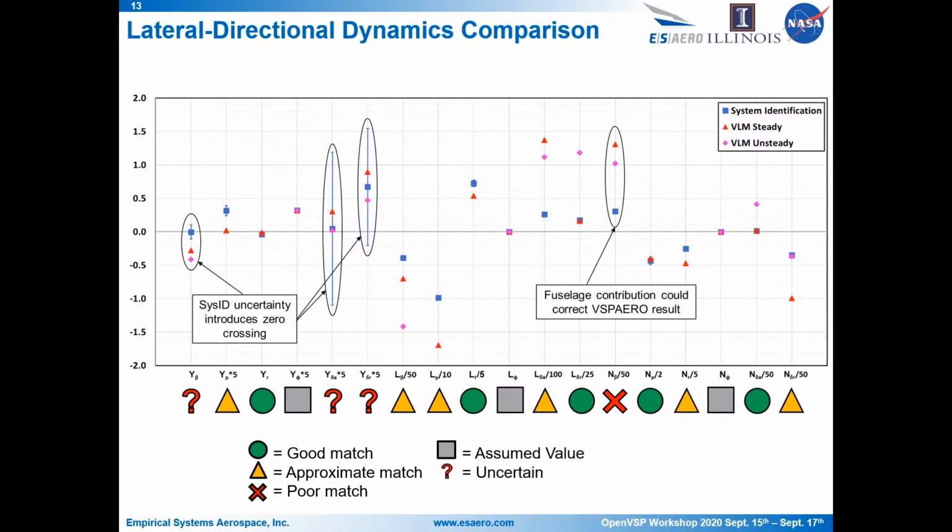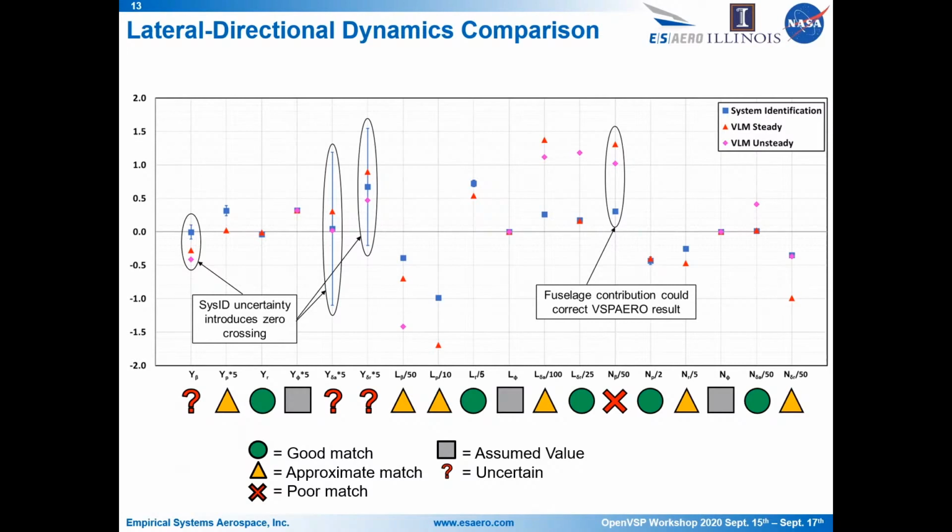However, on larger full-scale aircraft, it is well known that the fuselage provides a destabilizing effect on the N beta term specifically, which, if applied here, could bring the vortex lattice method estimates down towards where the system identification method prescribes it probably should be.